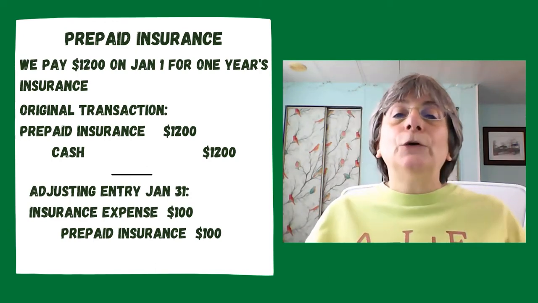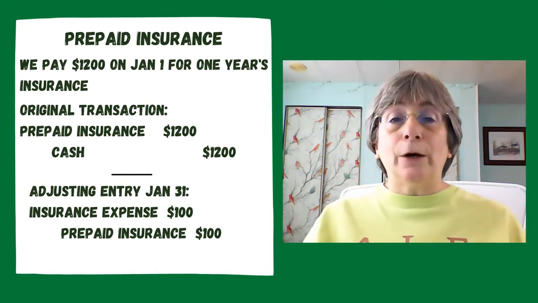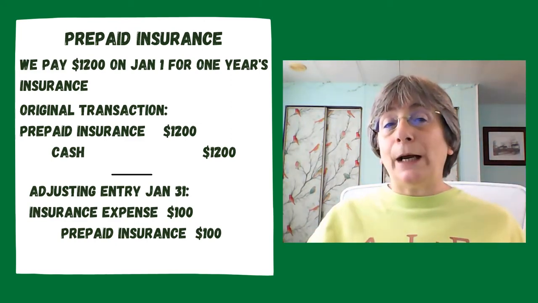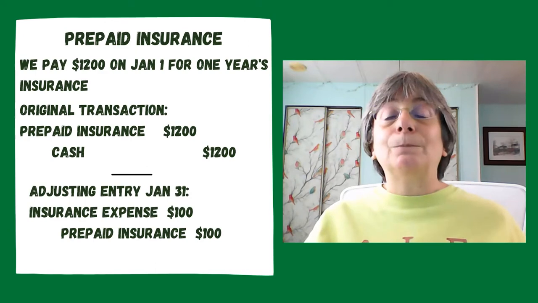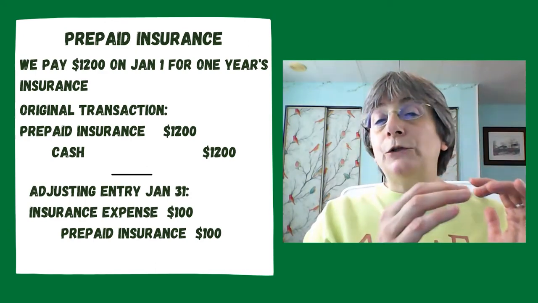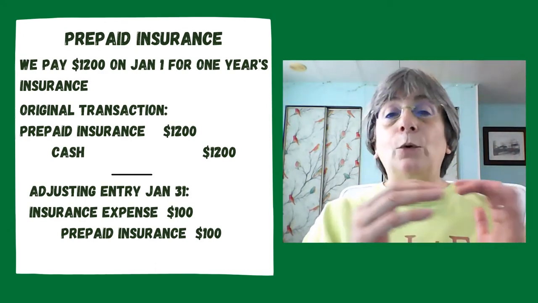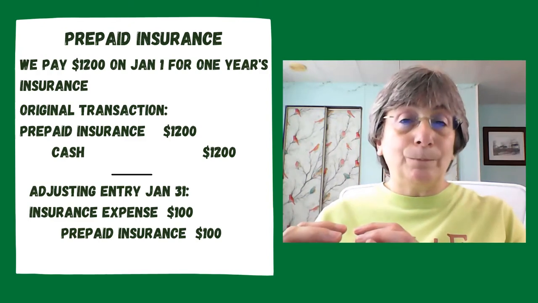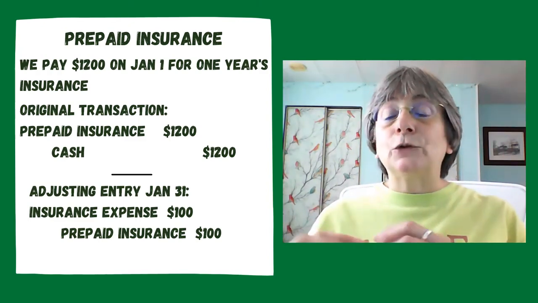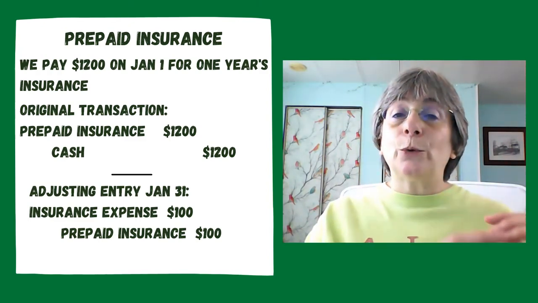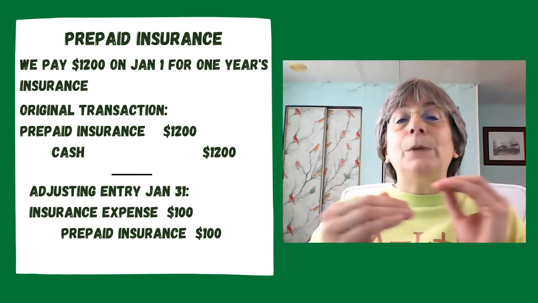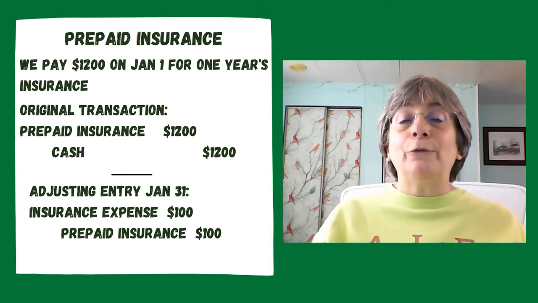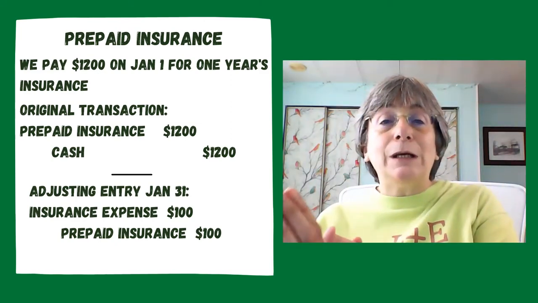We wrote a check. So then at the end of January, the first month has passed. We have used up 1 month's worth of insurance. So we're going to reduce that asset by crediting it $100. And the other side of that is going to be a debit to insurance expense. So as we use up that asset, it becomes an expense. We're moving from the balance sheet over to the income statement.